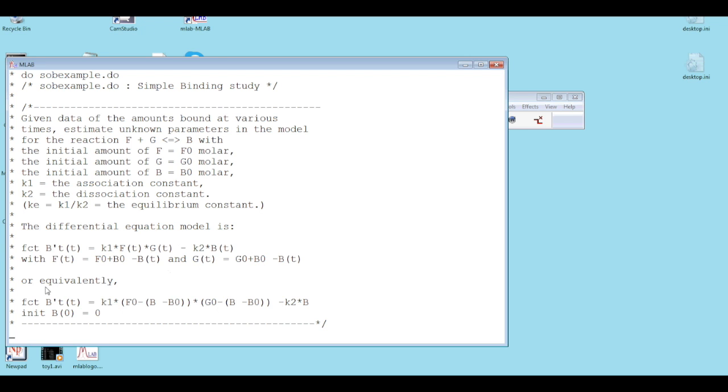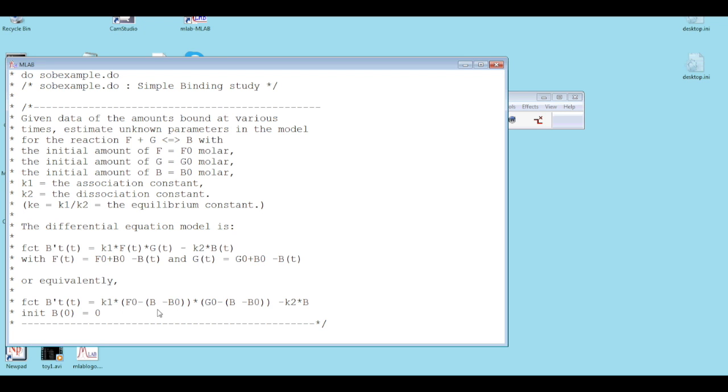Okay, continuing, let us note that if we substitute this function F of t in terms of B, G of t in terms of B of t, we get this equivalent differential equation. The derivative of B with respect to t is a function of time, is equal to K1 times the free F. Remember, that's just F0 minus the amount that's bound at time t. Notice here we just write B. We don't write B of t. We could, but we don't have to. It understands that it's B of t, which is traditional 19th century mathematical notation, by the way.